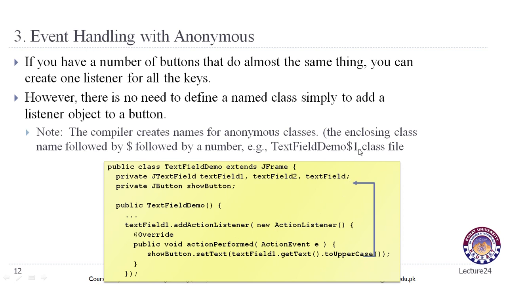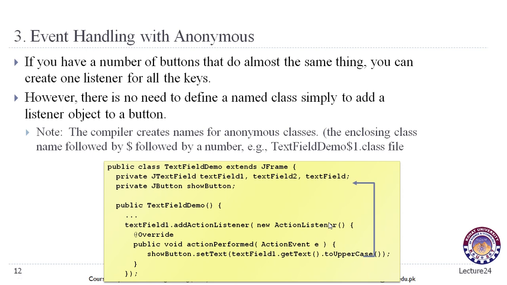We understand that whenever we compile our Java file, a class file is created for our classes, that is the name of our class followed by the dot symbol and stored with the class extension. So for anonymous classes, this is how a class file will be created when you run the code for your Java file that contains an anonymous class.